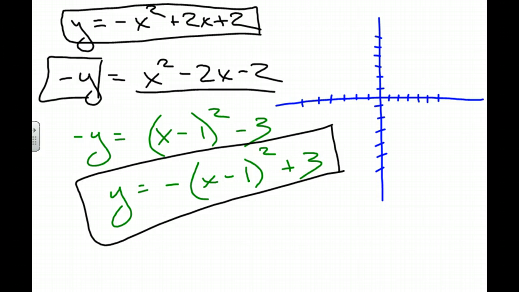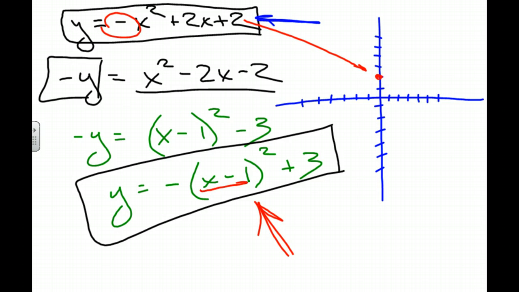From this equation up here, we know my y-intercept is 2. And I know that it opens down because of that. So I just remember that. Okay, from this equation right here, I know that my axis of symmetry is what makes this 0. So 1 minus 1 makes that 0. So my axis of symmetry is x equals 1.